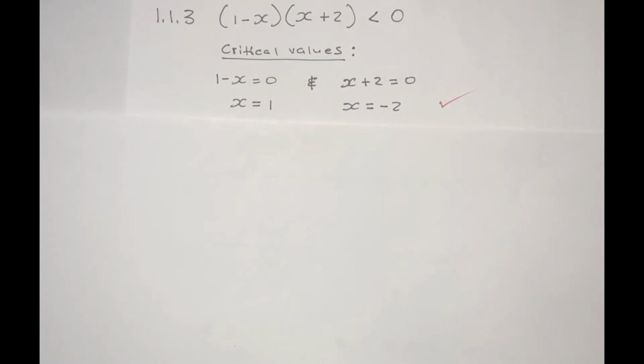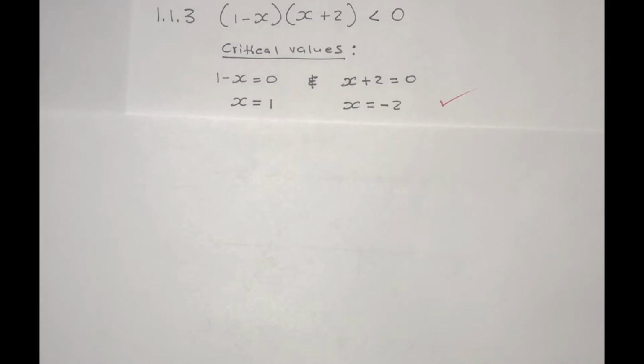Okay, let's now answer the question. So our first step is to determine the critical values. So in this case, you just equate this to 0. 1 minus x is equals to 0, and your x is equals to 1.